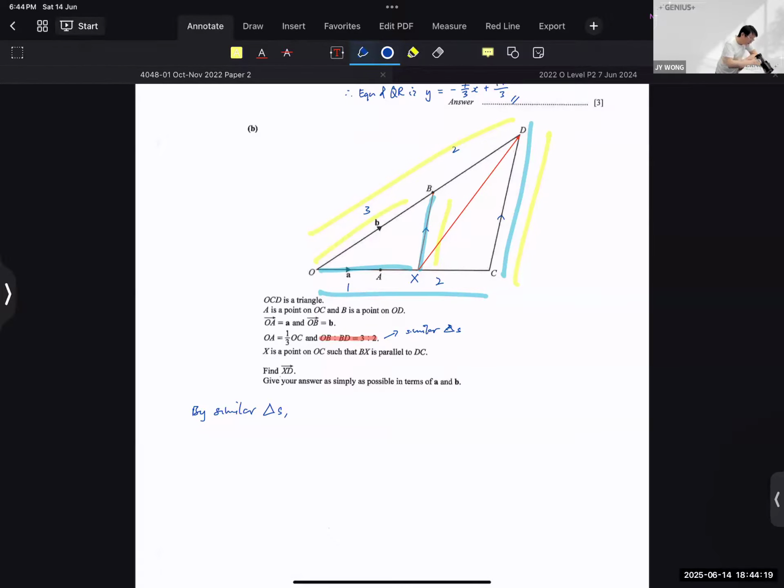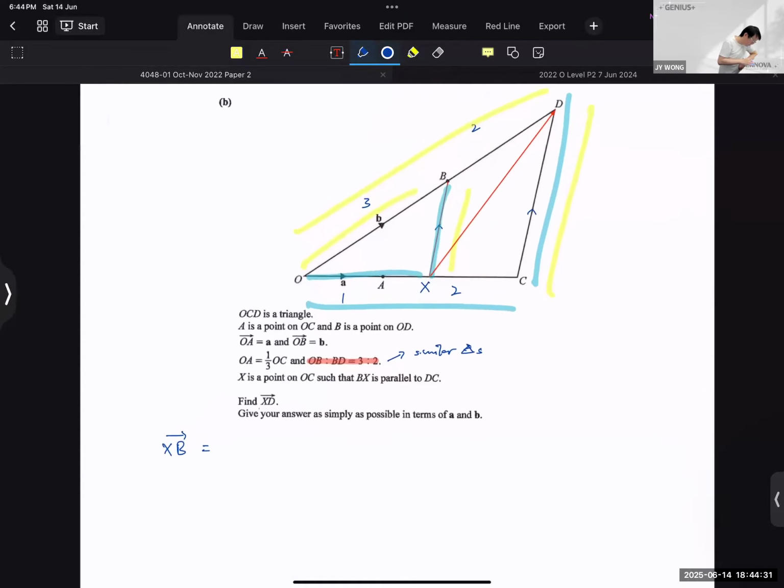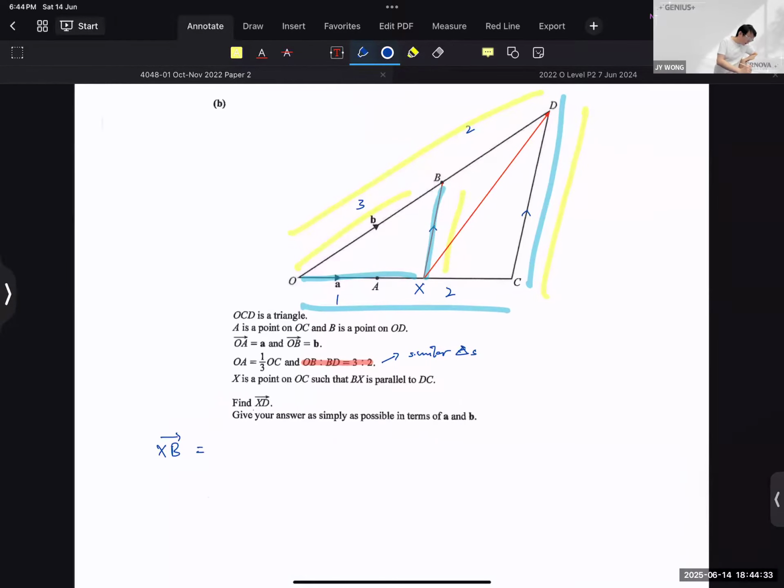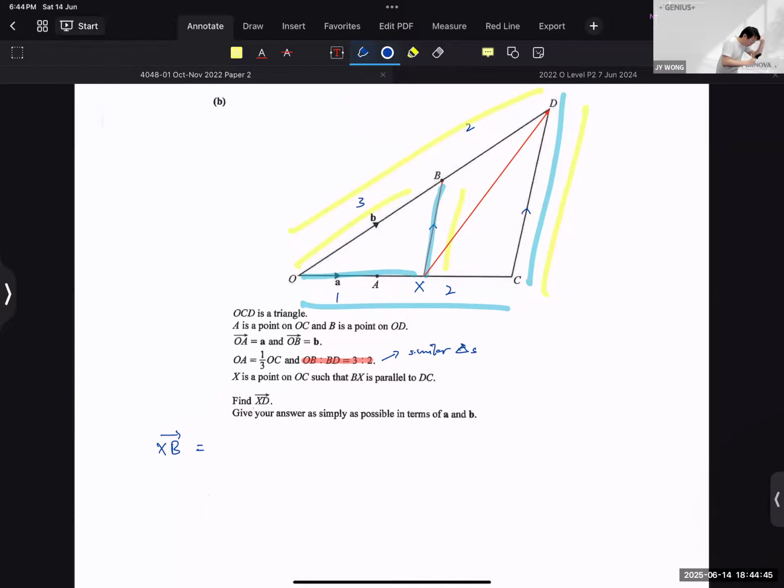Okay, actually I don't need the similar triangles part first. My bad. We simplify it first. What is XB? Vector XB is equal to, in terms of A and B, what is it? We don't actually know what it is. So be very careful. Don't tell me. We know what is B. But XB is what? OX. Sorry, OB.